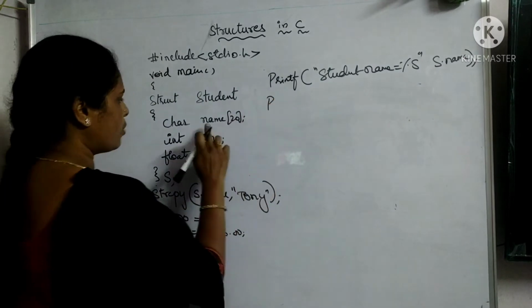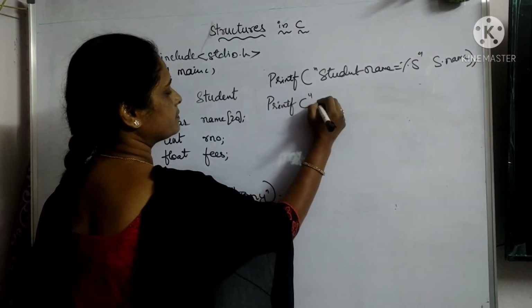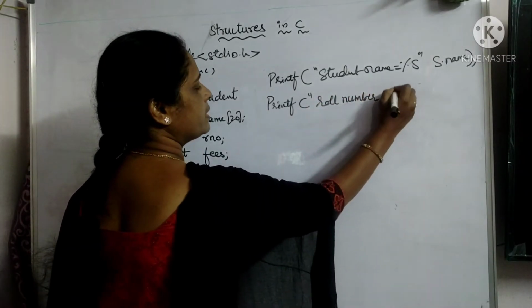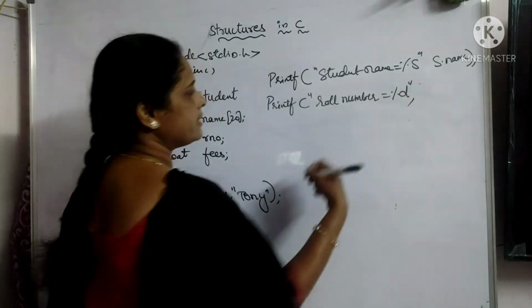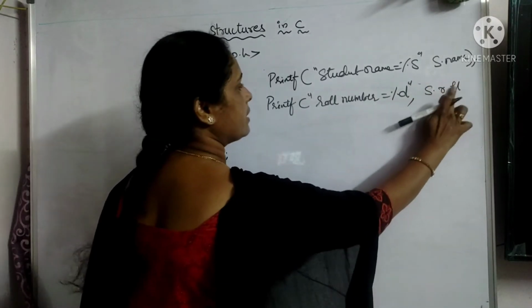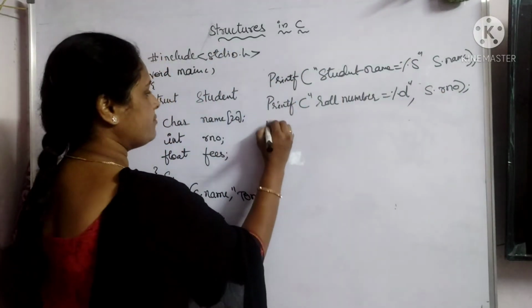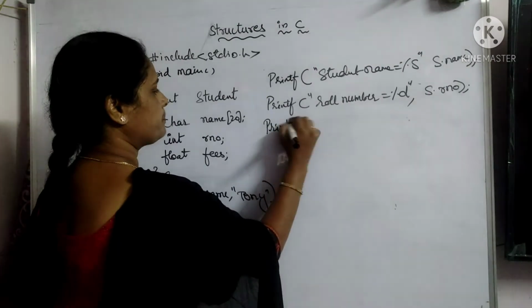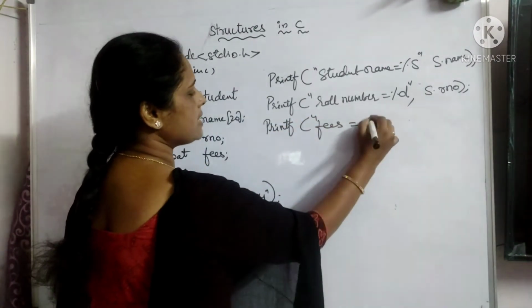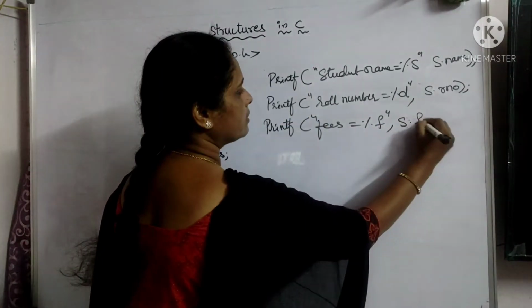In the same way, I wanted to display roll number also. Printf roll number is equal to percent d, S dot roll number. In the same way, I wanted to display fees also. So fees is equal to percent f. What is it? S dot fees.